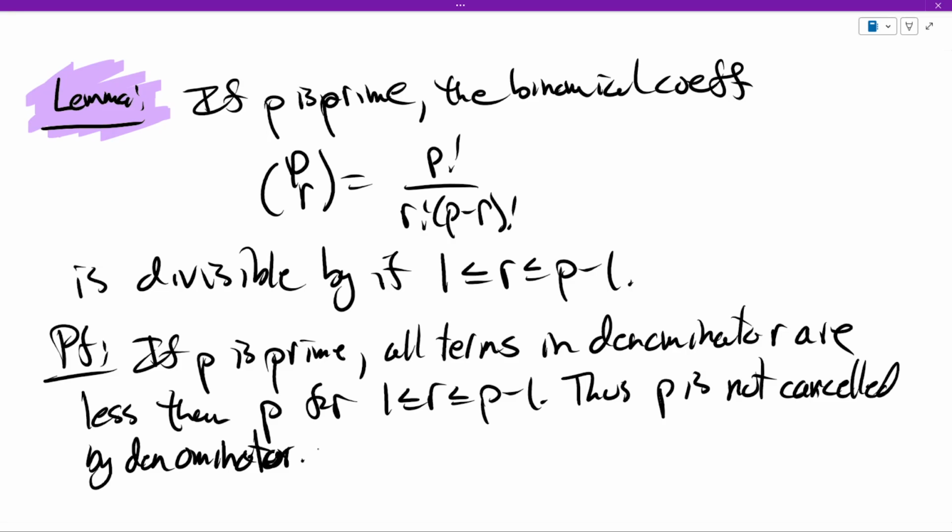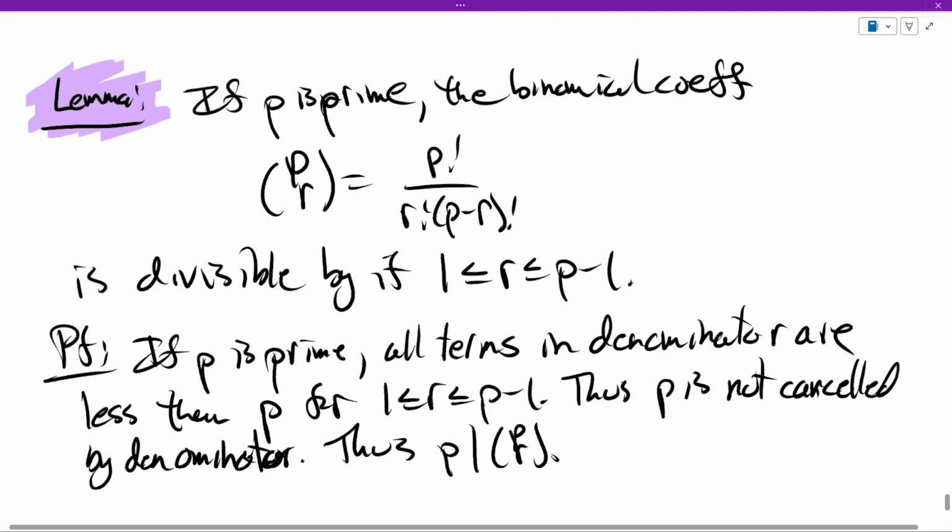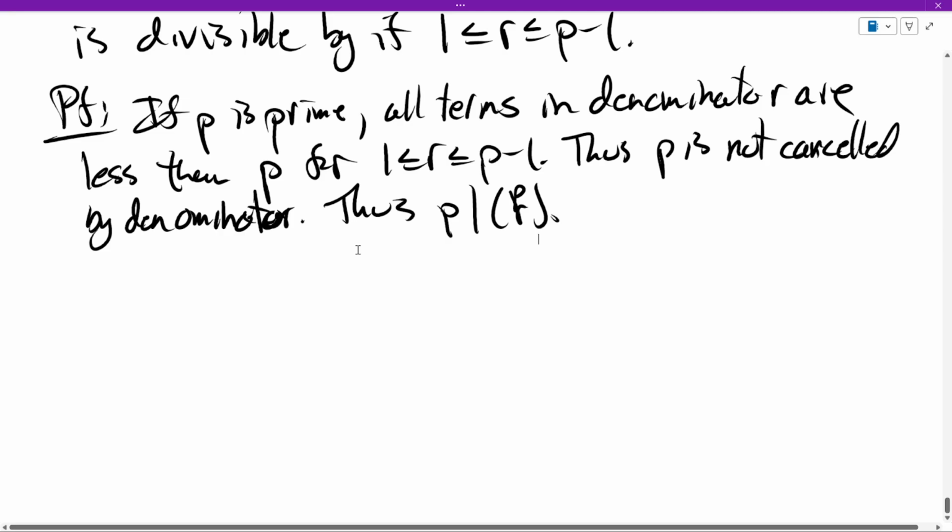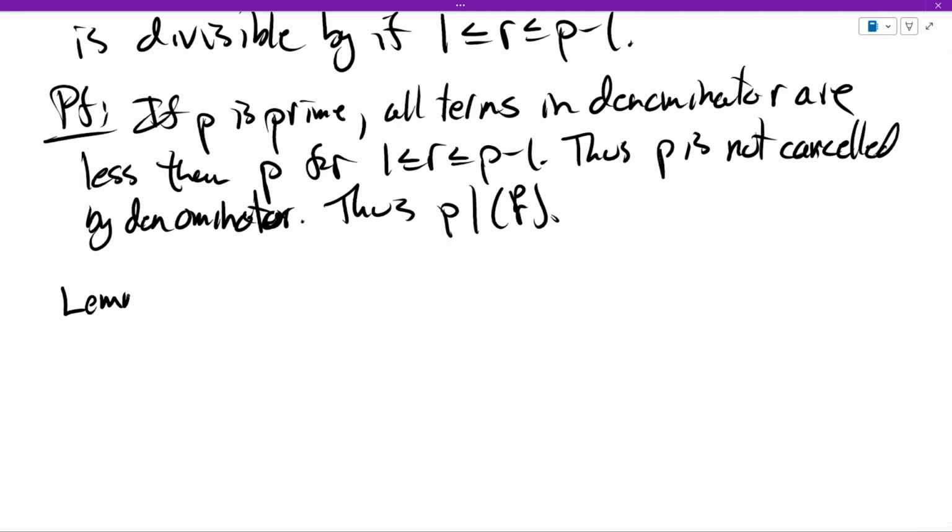All right, so p is not canceled by the denominator. So if it's not canceled, there's still a p in this expression, so it's divisible by p. Okay, so p divides this binomial coefficient. All right, great. Now we're going to go ahead and look at the following lemma, which will finally answer that question.